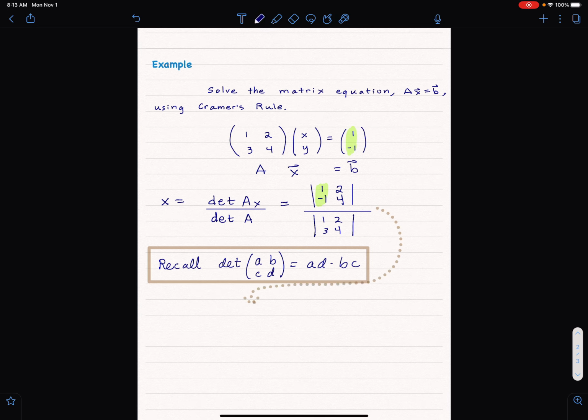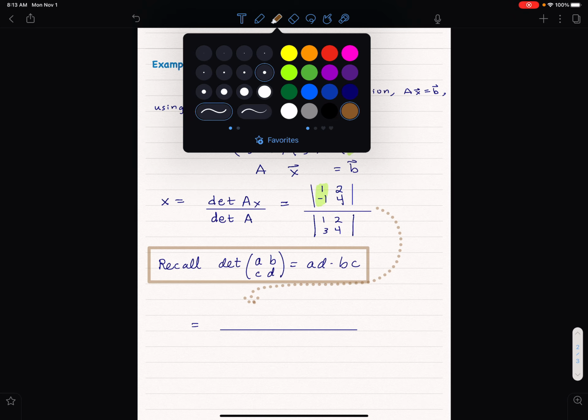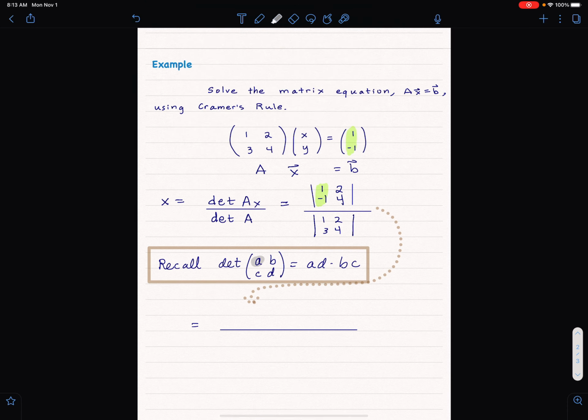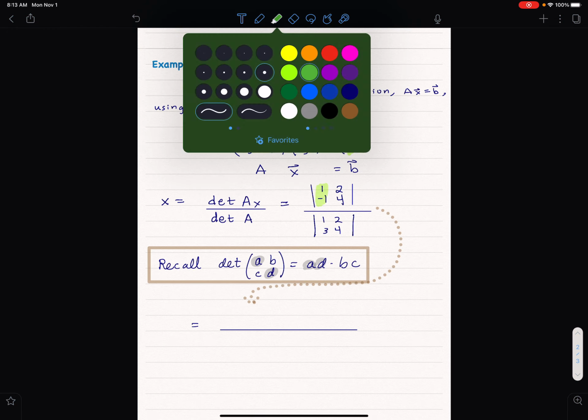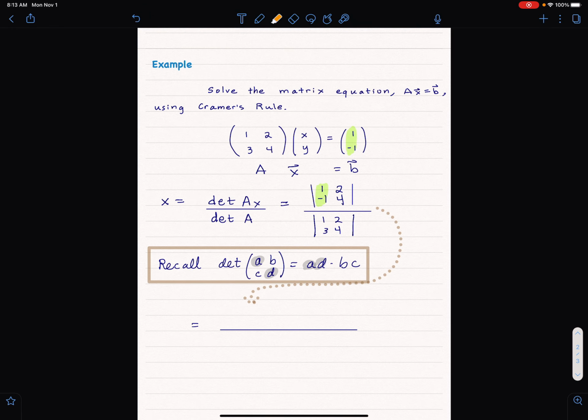Okay, so therefore this is equal to, let's start with the numerator. I'm going to multiply across the diagonal. Let me make it clearer what this formula is. You take the A and the D, that's AD, and then you subtract B and C. So you go first across the main diagonal, and then you go the other way with the subtraction.